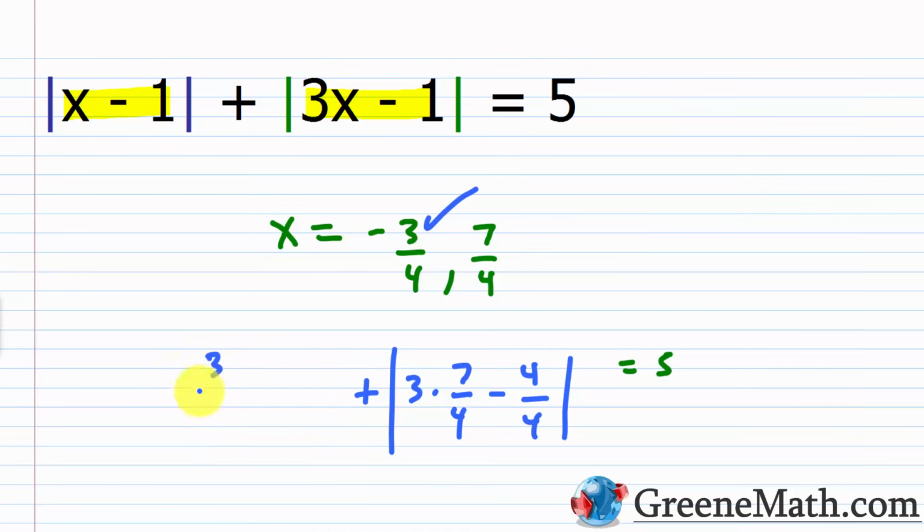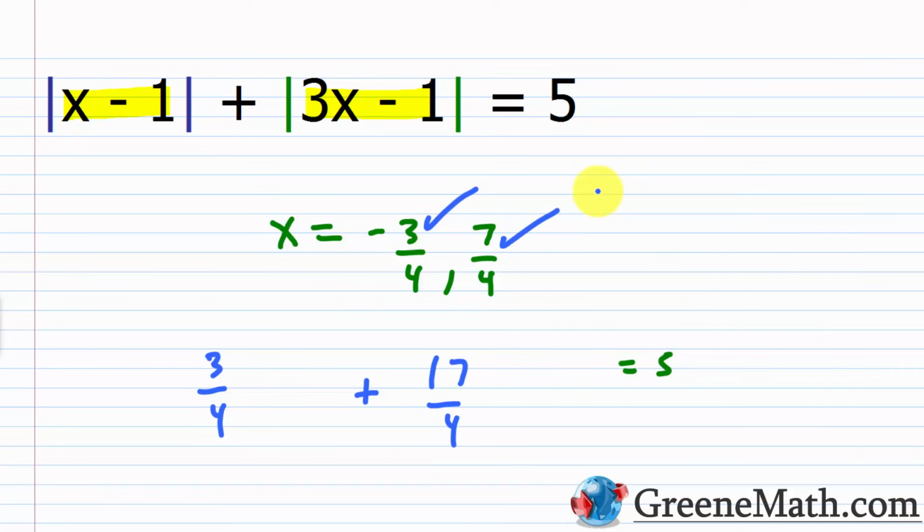Then this guy here, 3 times 7 is 21. Then 21 minus 4 is 17, so you would have 17/4. Absolute value of 17/4 is 17/4. And you see that this works, right? 3 plus 17 is 20. 20 over 4 is 5. So you get 5 equals 5. So this works out as well.